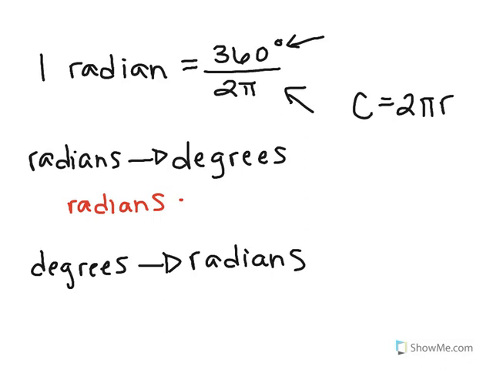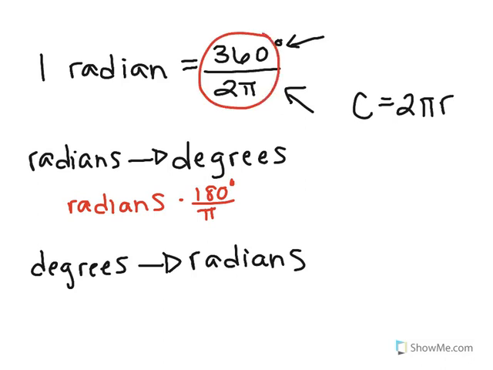And I'm going to multiply it by this 360 degrees over 2 pi. Or I can simplify that to 180 over pi, since 360 and 2 pi have 2 as a common factor. I'm going to show you that instead because it's more common. So 180 degrees over pi. That's the simplified version of this.